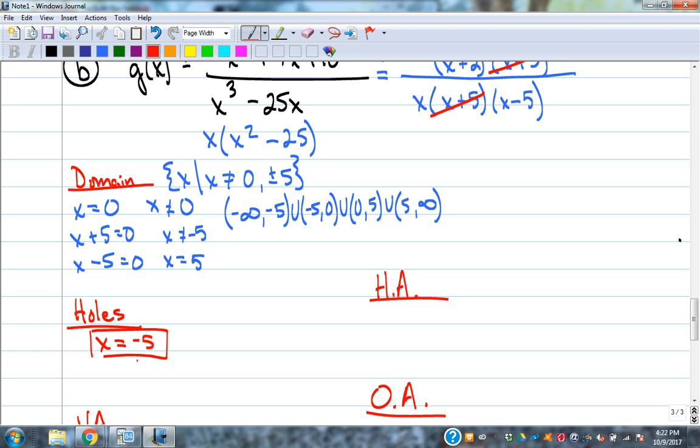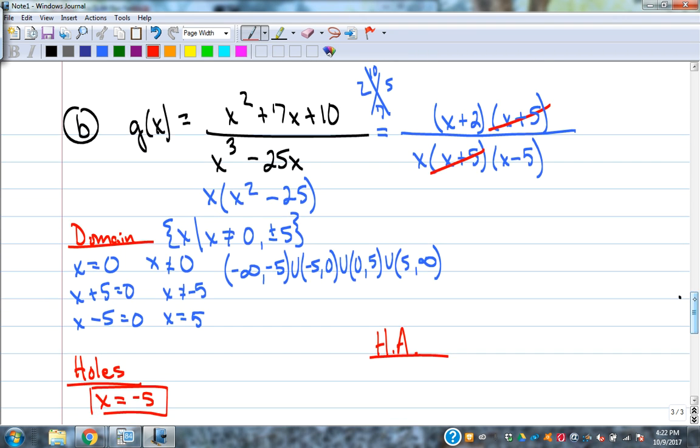Now, vertical asymptotes. Because the x plus 5 canceled out, it can't be a vertical asymptote. It became a hole. So the vertical asymptotes are where? X and then x minus 5 make vertical asymptotes.